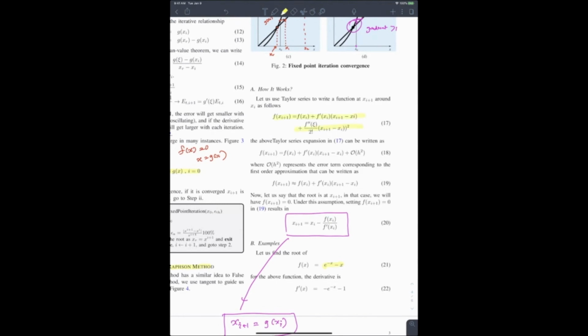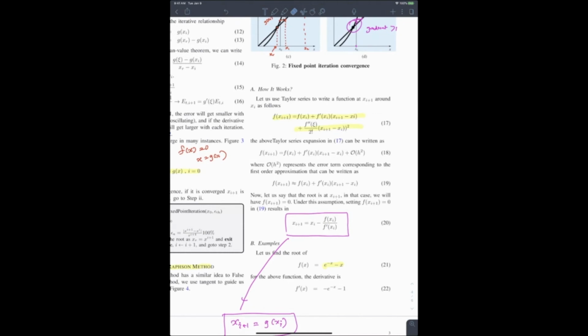You're also familiar with how I started introducing the Taylor series as f(x) = f(x0) + (x - x0) f'(x0), things like that. Then at the end of the Taylor series lecture, I switched to this type of notation: f(x_{i+1}) in terms of f(x_i) plus the rest.